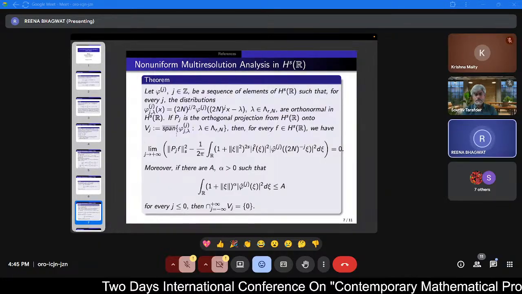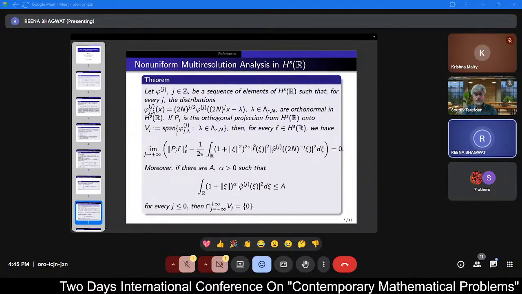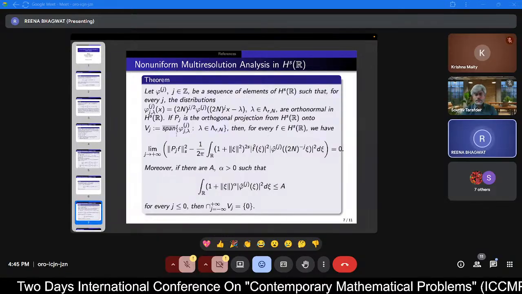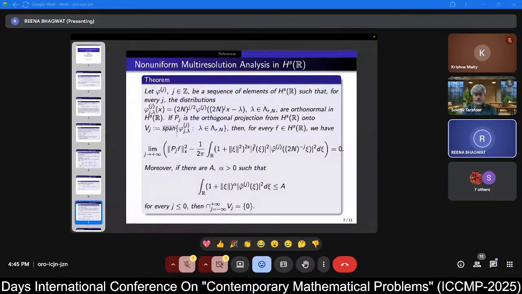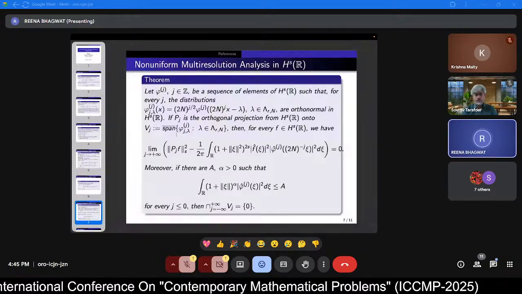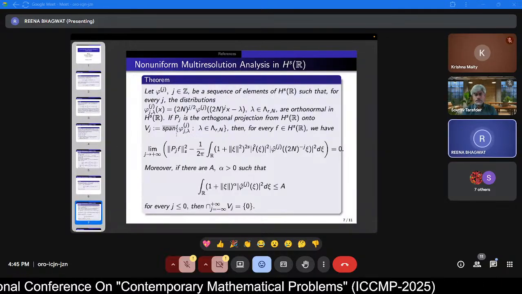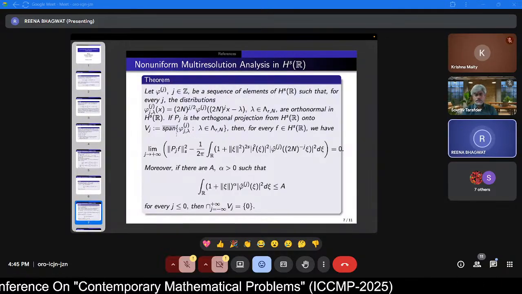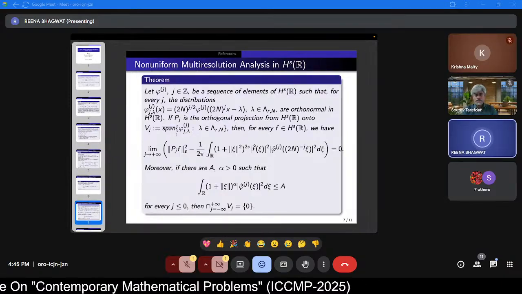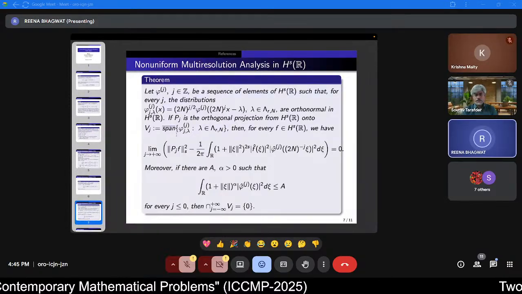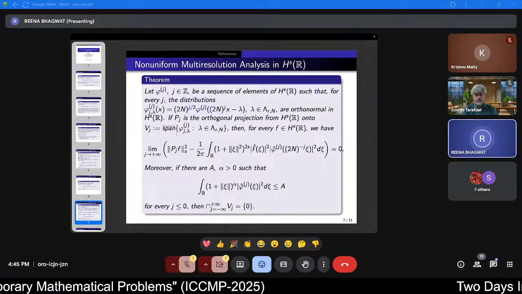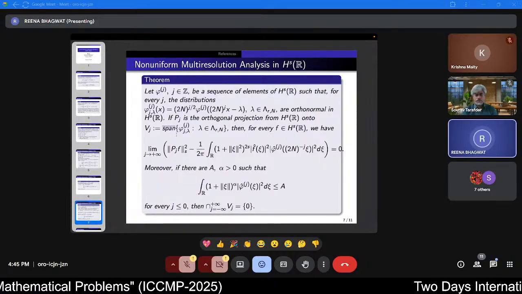Moreover, if there is an alpha greater than 0 and a capital A such that this integral condition is less than or equal to capital A for every j less than or equal to 0, then the intersection over j from minus infinity to infinity of Vj equals the singleton 0. Then this is the density condition of a non-uniform multi-resolution analysis.